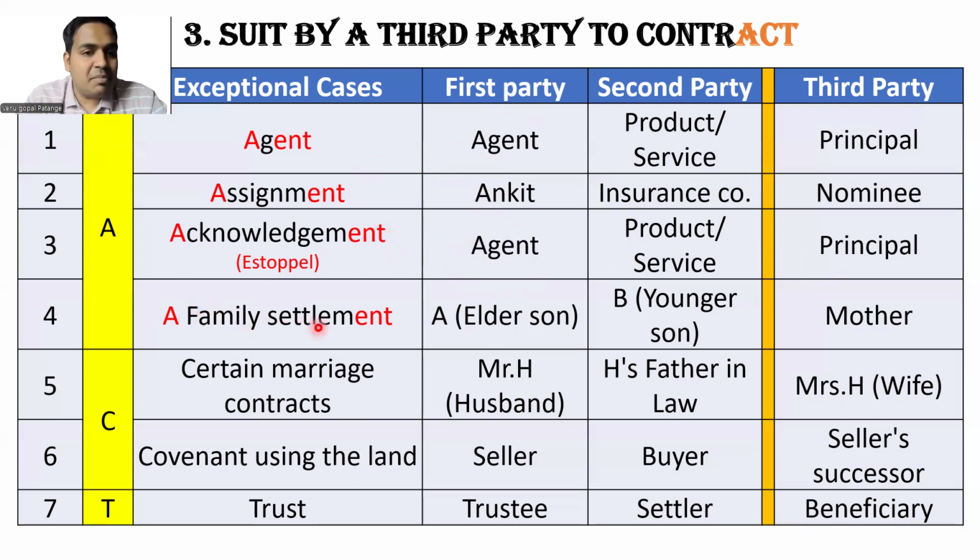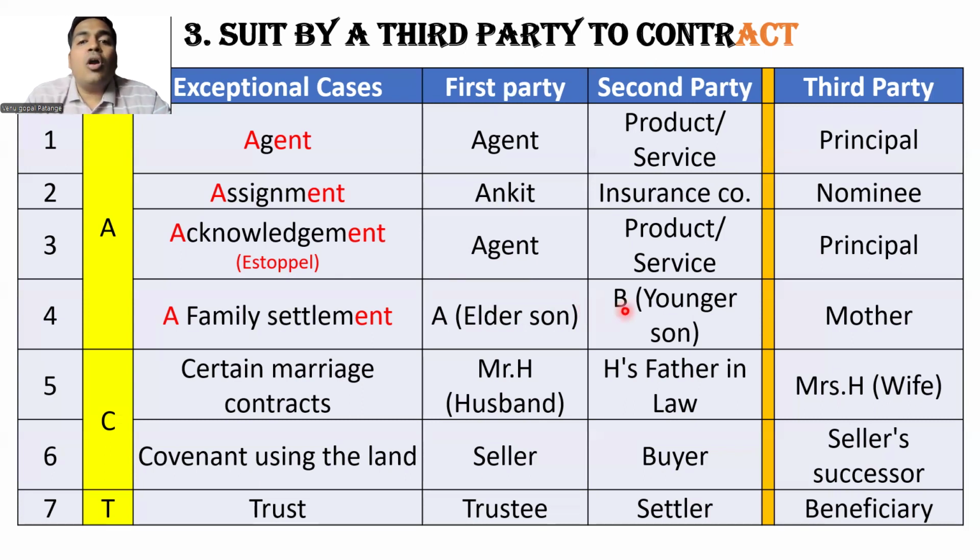Thereafter, the fourth condition is a family settlement. In the case of a family settlement, let us say A and B made an agreement that they will take care of their mother, half year with the elder son, half year with the younger son. They made an agreement that they will pay monthly allowances and take care of their mother.